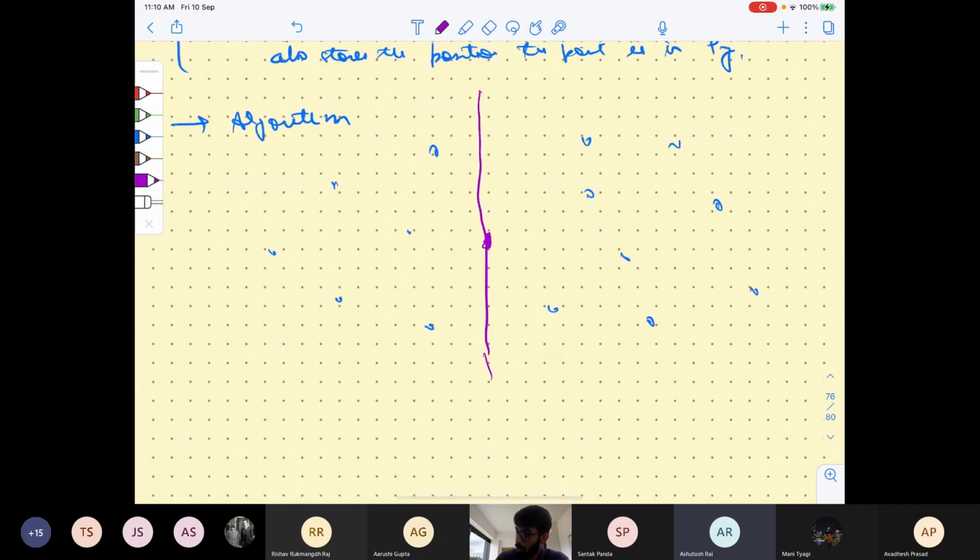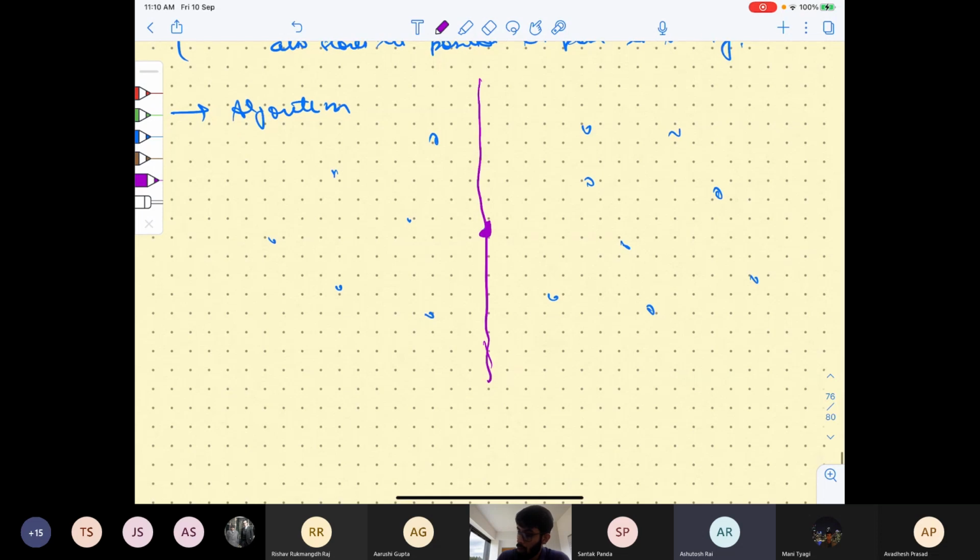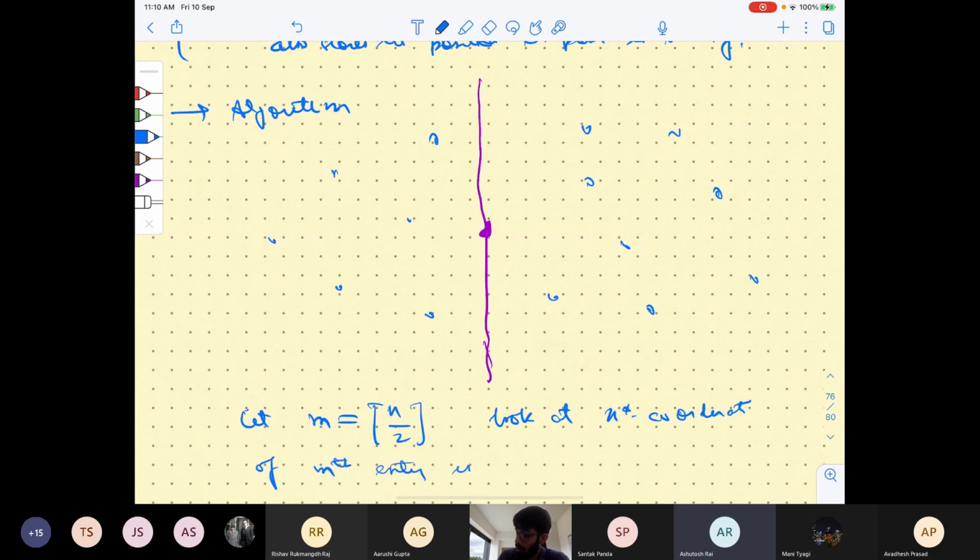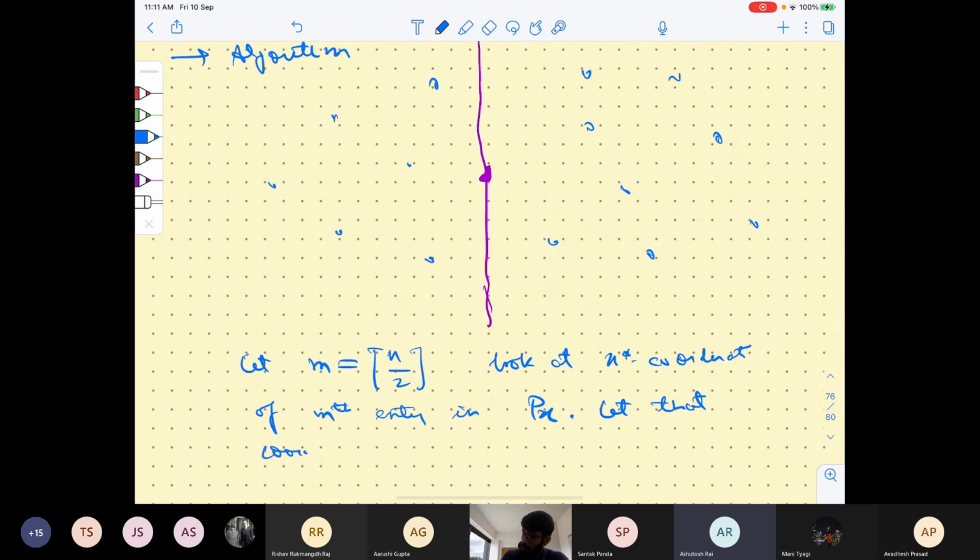So let m equal n over 2 and look at the x coordinate of the mth entry in Px, and let that x coordinate be x star.